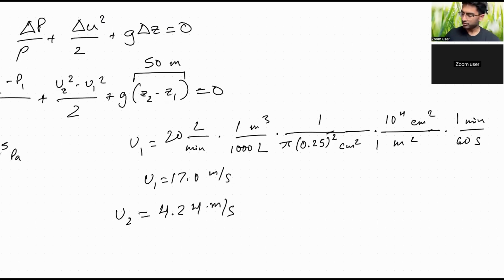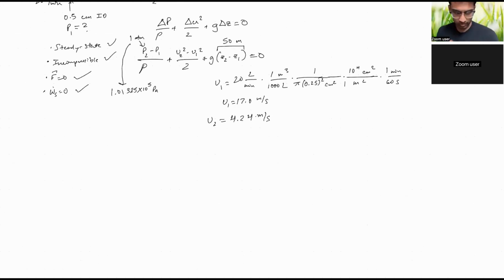Okay, so now we have all the values, so let's enter them into our equation. So we have 1.01325 times 10 to the 5th minus P1, which is our unknown, divided by the density.